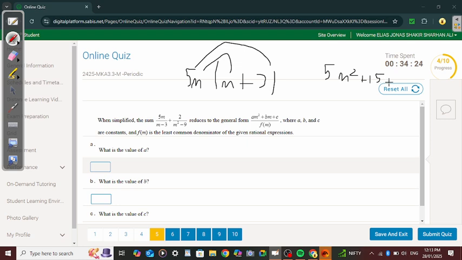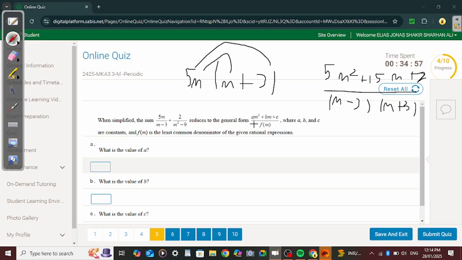The denominator is obviously going to be m minus 3, m plus 3, or you could just do m squared minus 9. But let's just expand it, because why not? M minus 3 and m plus 3. Both are correct. And then we just get plus 2 over here, because we don't need to change it. We don't need to multiply it by anything, because it already has the common denominator.